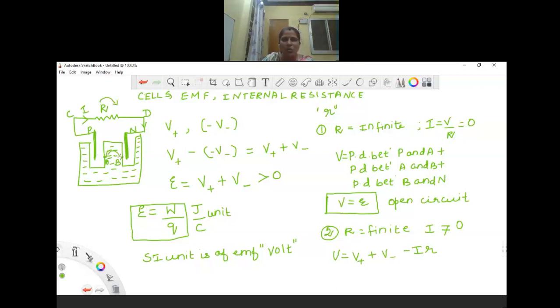So that is why here the negative sign. The significance of the negative sign is that inside the cell, the current flows from B to A. That is why here it is negative.